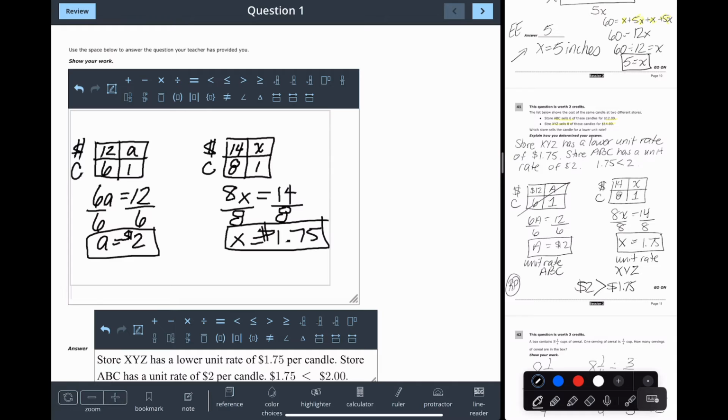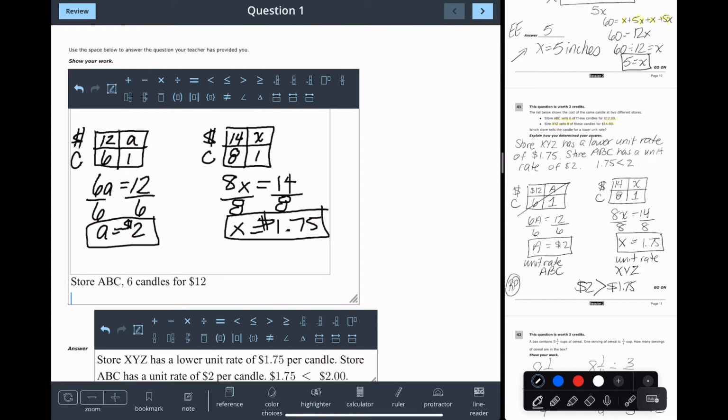The other way I can do this is I can literally write store ABC has, let's see, how do I want to write this? 6 candles for $12. So I would put that in as 6.